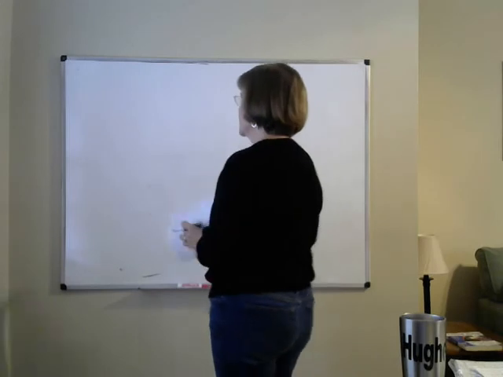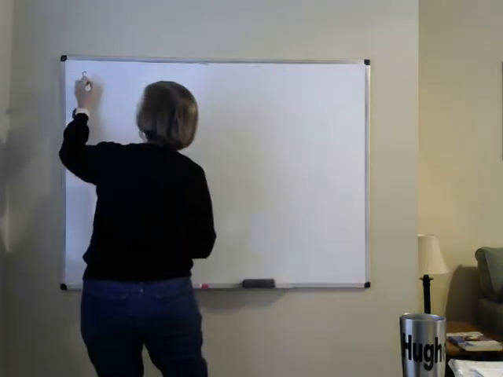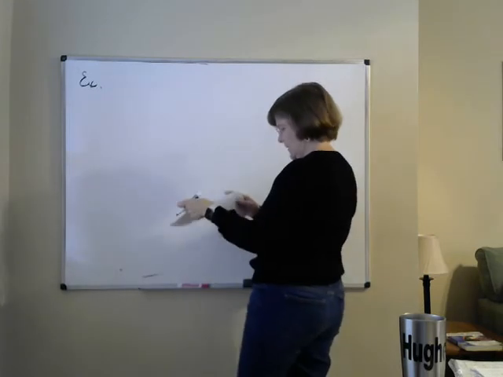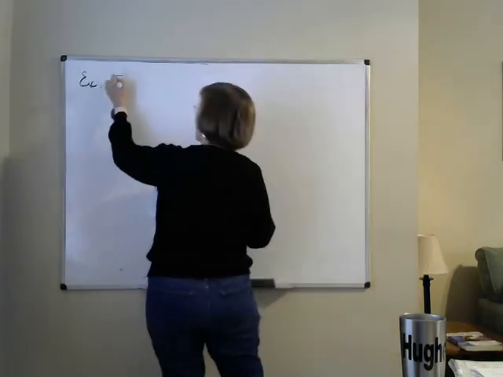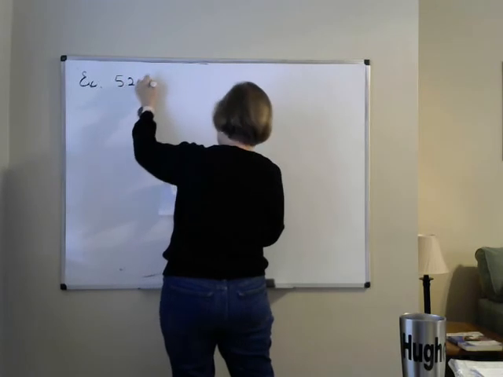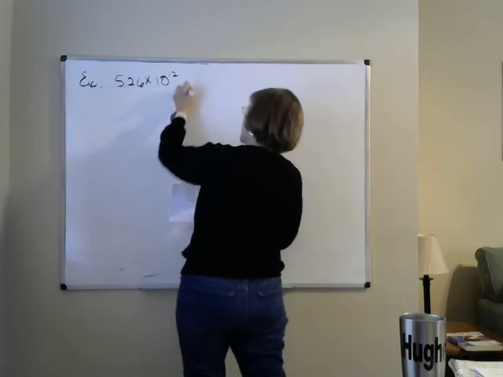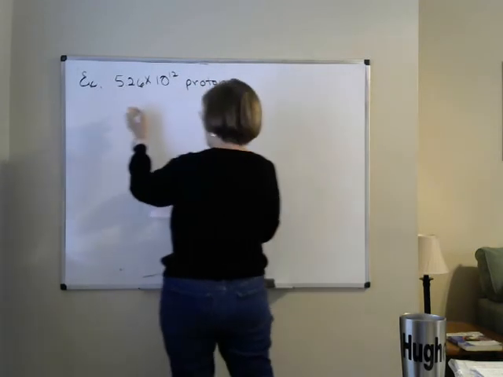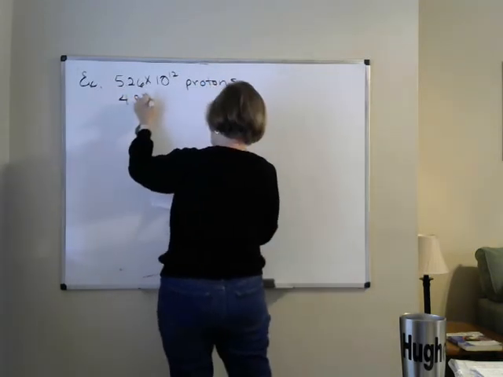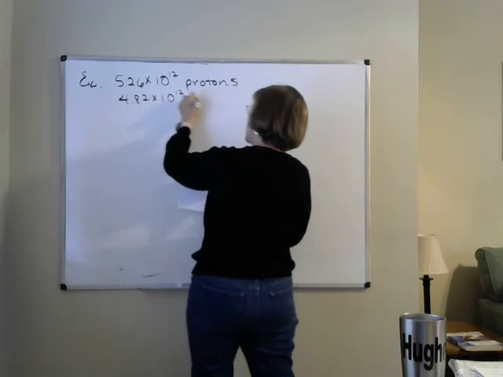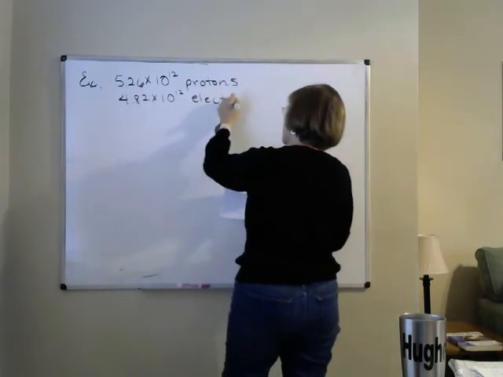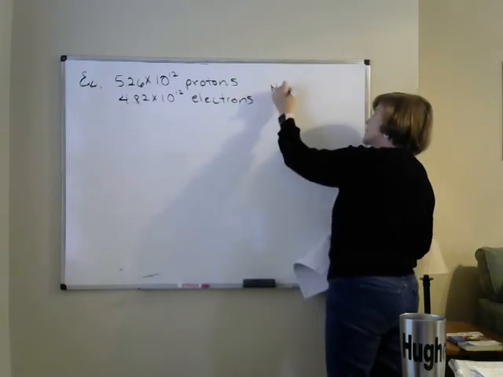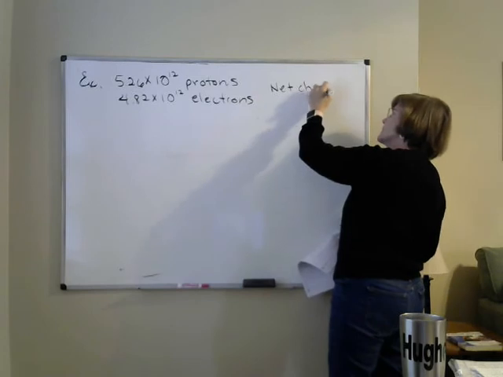Another fairly easy example: they tell us the total charge. They tell us that this object has 5.26 times 10 to the 12 protons, and it has 4.82 times 10 to the 12 electrons. And I want to know, what is the net charge?